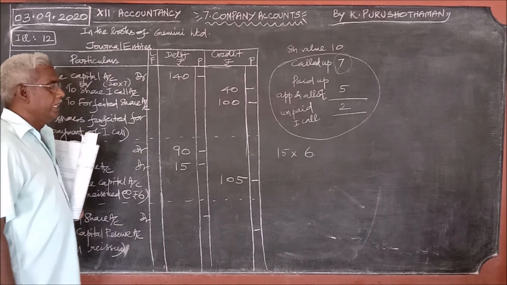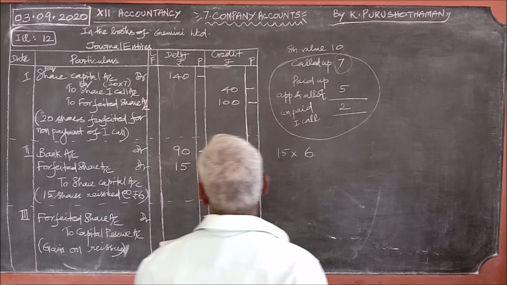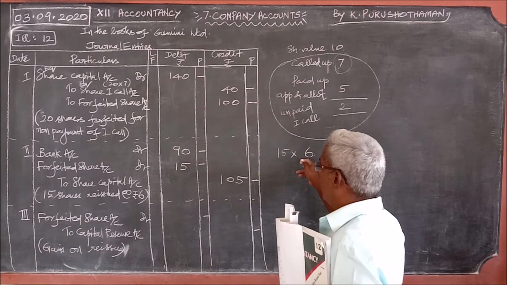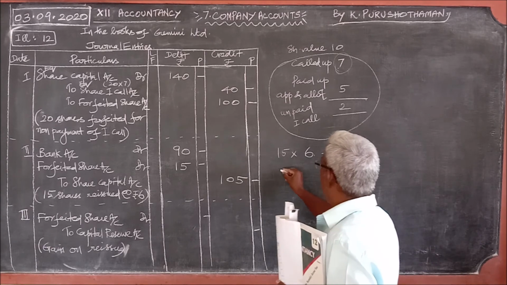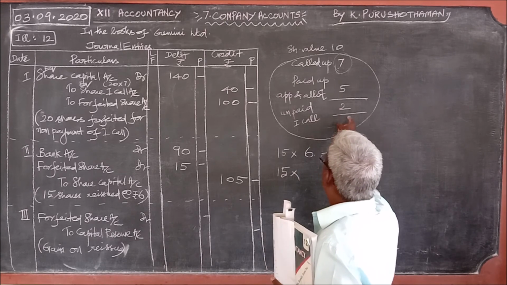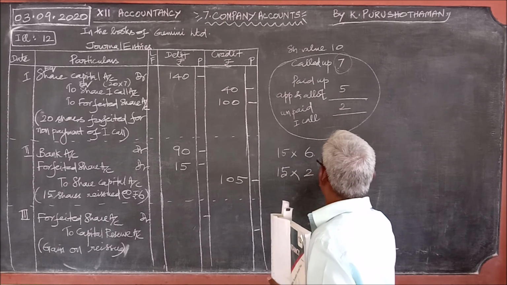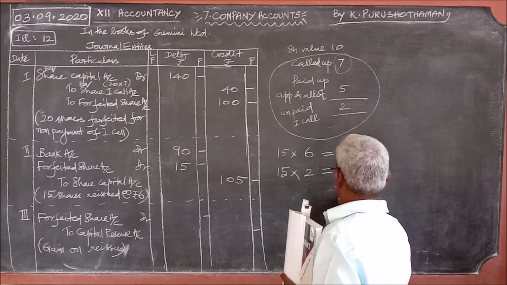Then what should be the gain there? 15 shares were issued at the rate of rupees 6, that is 90 rupees. For the same 15 shares, what is the unpaid amount? 2 into 15, 30 rupees. Therefore, the profit will be 60.